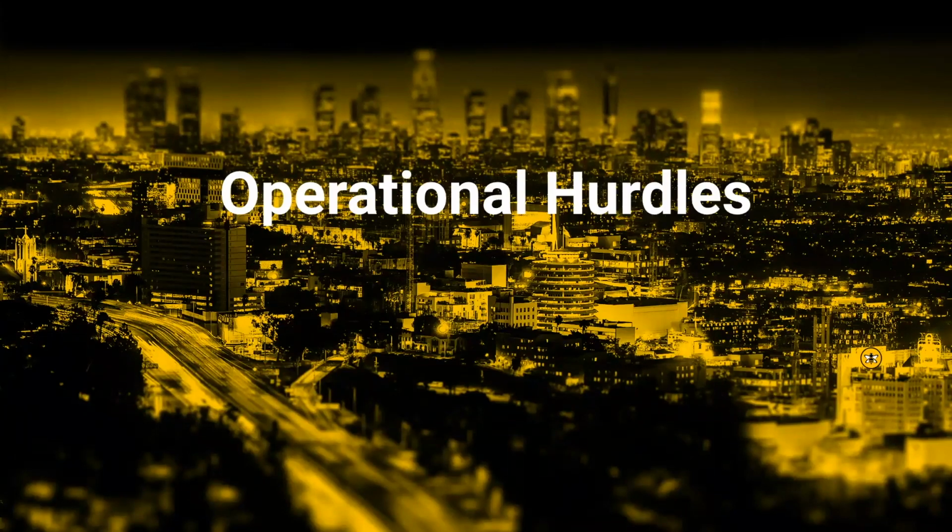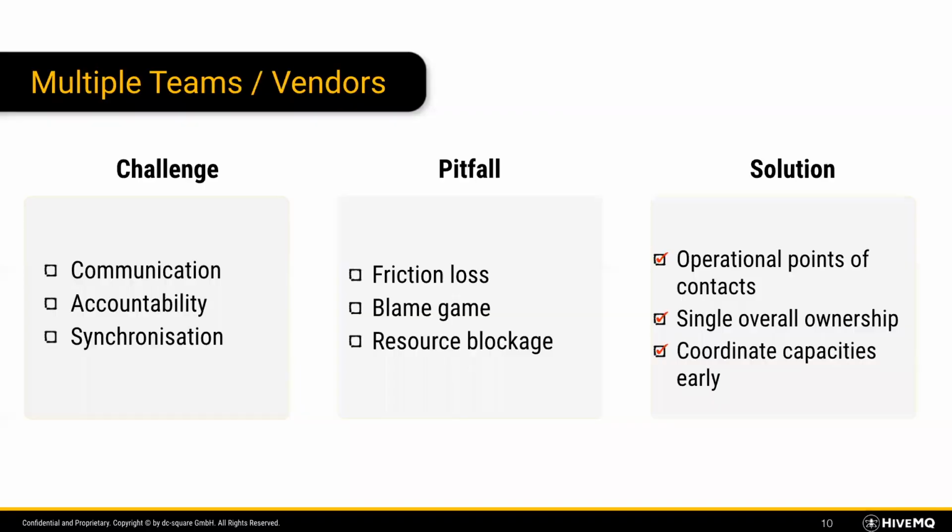One of the challenges is that there are multiple teams and multiple vendors involved in an entire IoT deployment, like the connected car use case we're looking at. This is due to multiple factors. Of course, we have very new technology here.